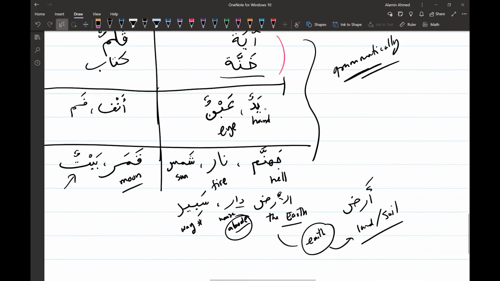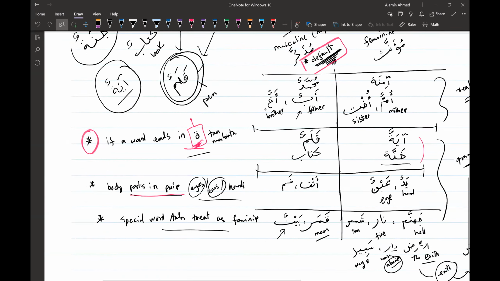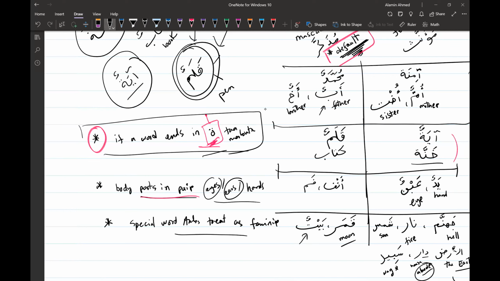The main thing you have to know, guys, our whole journey with gender will be based on this concept of the tamarbuta. Tamarbuta is very special in the Arabic language. This tamarbuta usually comes to indicate something is feminine.